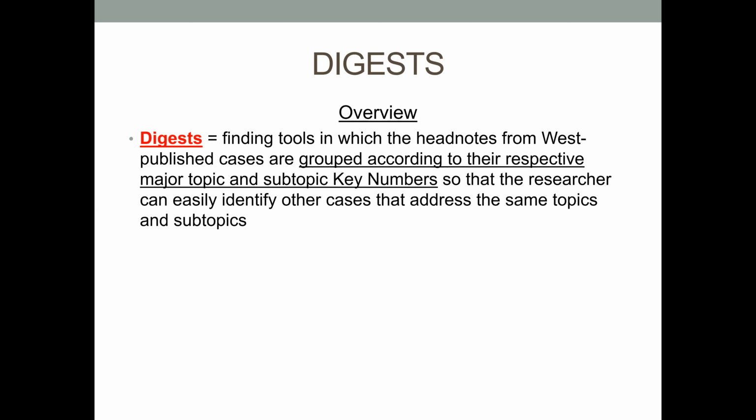It is a finding tool in which the head notes from West published cases are reorganized and grouped according to their respective major topics and subtopic key numbers and published in this special digest set of volumes so that the researcher can then simply look up the topic alphabetically and find all of the head notes there from all the different cases that have addressed that specific major topic and subtopic key number.